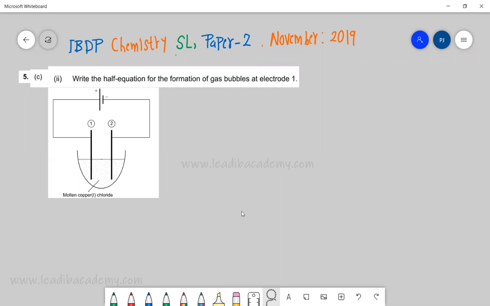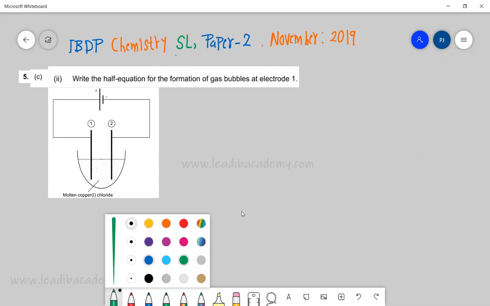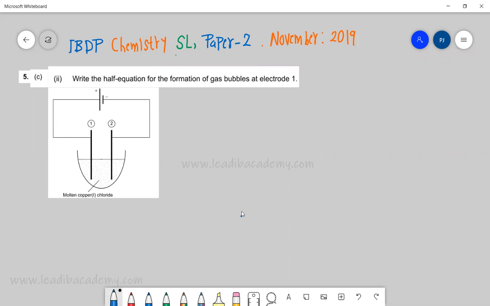Okay. Question number 5C2: write the half equation for the formation of gas bubbles at electrode 1. They are asking what kind of gas is going to get formed. First understand that it is Cu(I) chloride, that means Cu+ and Cl- ions.